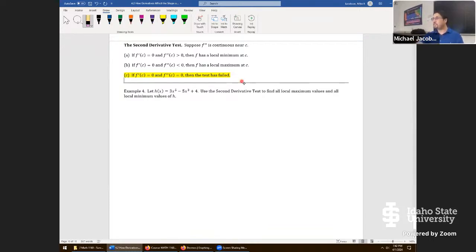But the other thing to mention is this test is excellent whenever f double prime of x is fast to find. It's going to say to calculate, but I don't have enough space to write that in.